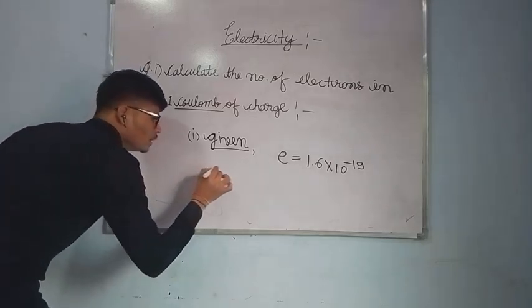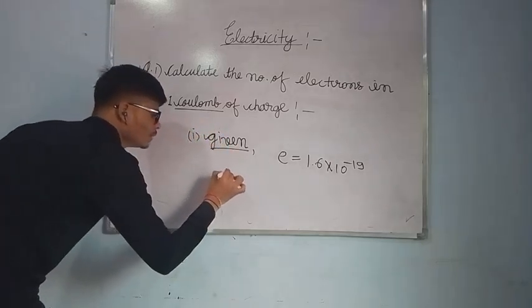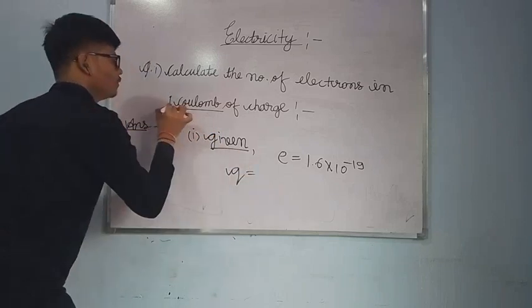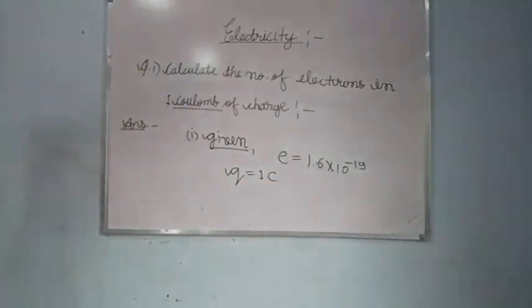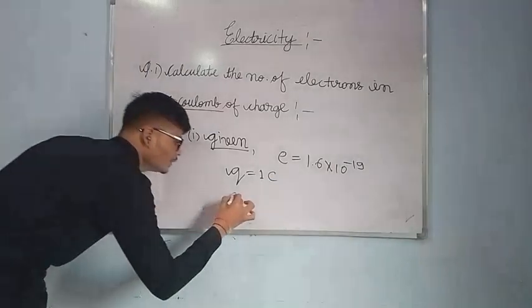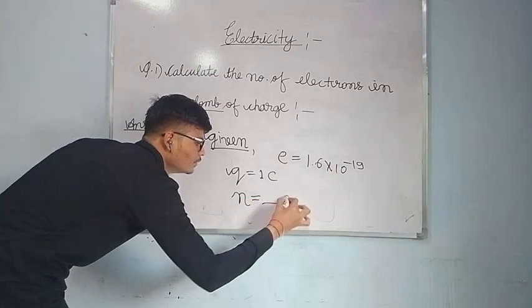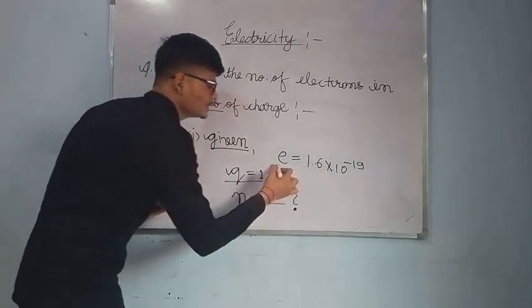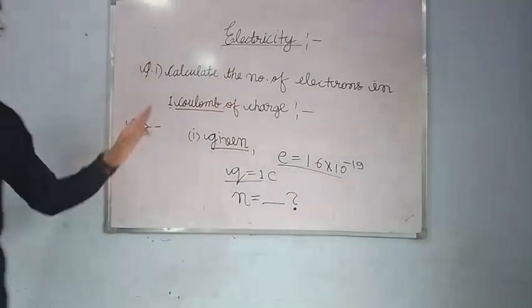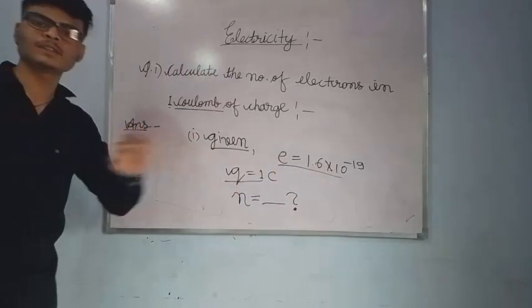They had given 1 coulomb, Q is equal to 1 coulomb. So what did they ask? The number of electrons, N. We have to find N. Given data is clear, e is also clear, and what we have to find is also clear.